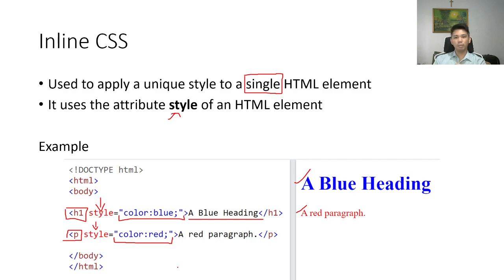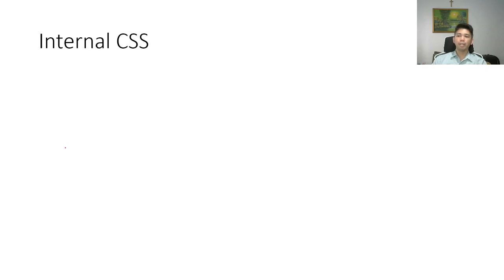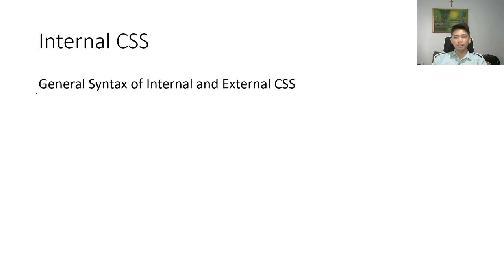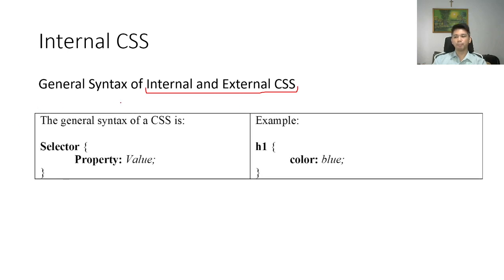So we will focus more on internal and external CSS. In internal CSS, this actually affects all instances of a single element. And we have a general syntax for it. General syntax meaning for internal and external CSS, it uses this convention.